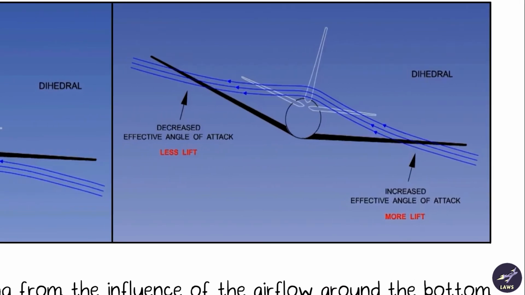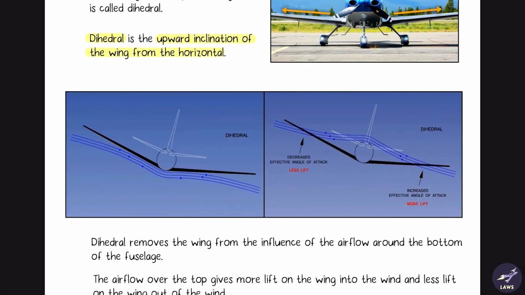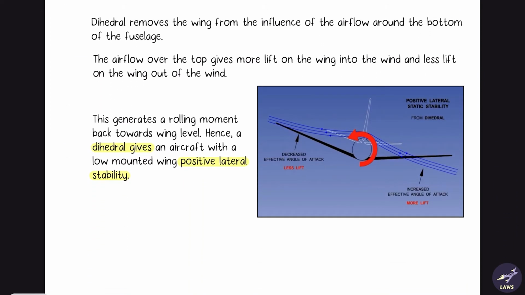If we can see, the angle which is formed here is lesser, whereas the angle which is formed here is greater. So we have an increased lift here, which will cause the aircraft to again come back to wings level condition, therefore providing a stabilizing effect in this case. So it gives a positive lateral stability.